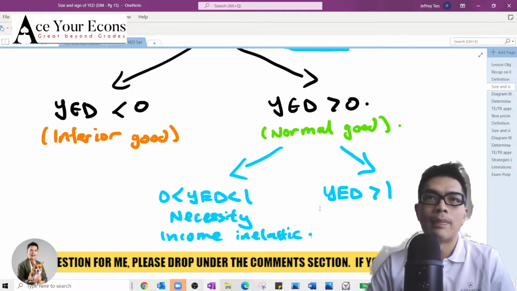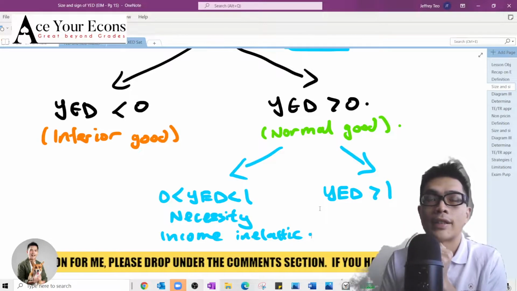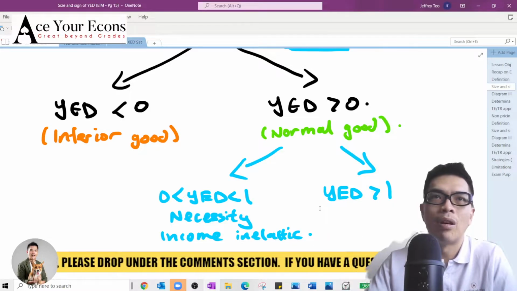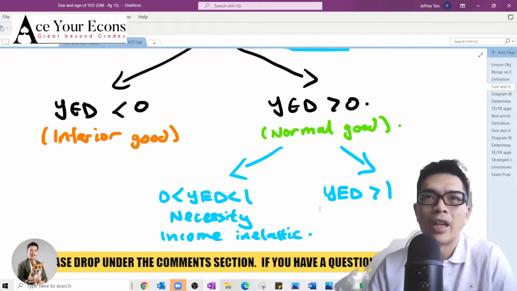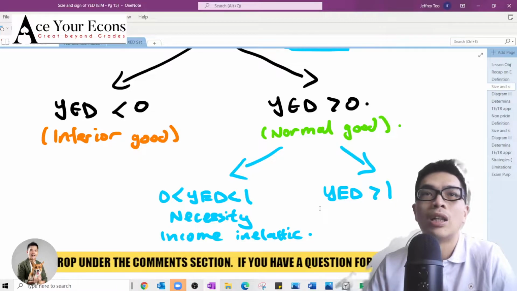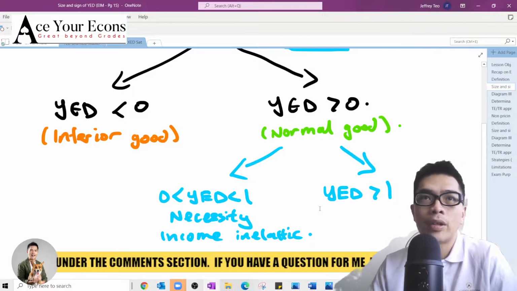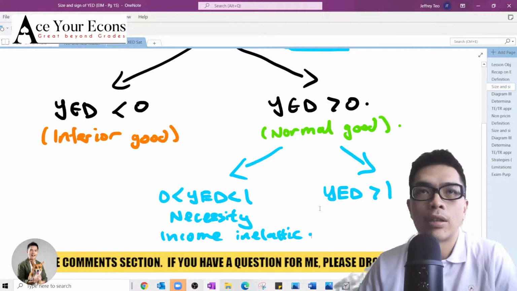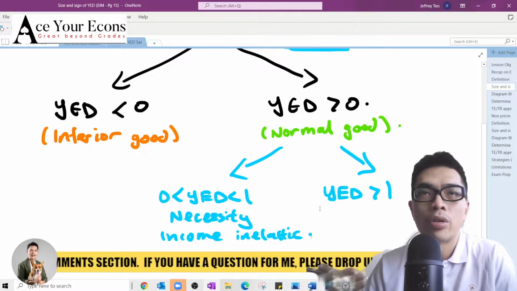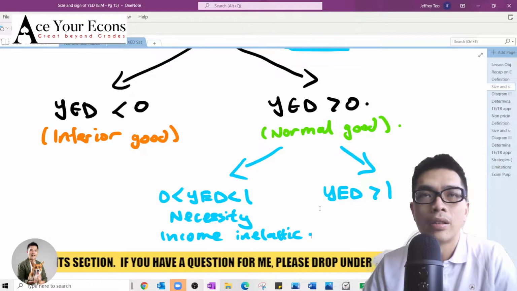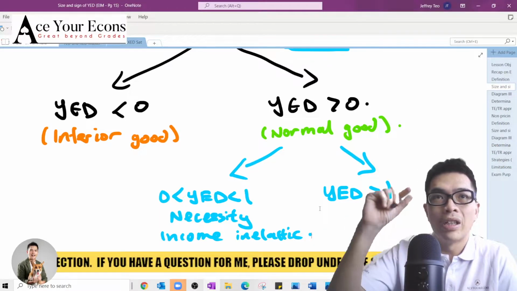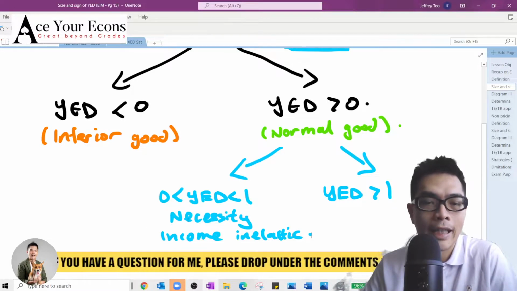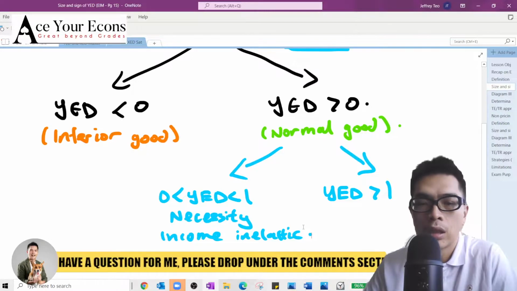I would say public transport is better categorized under necessity good, because when there's a rise in household income, you probably take more bus or more train, but you don't necessarily consume a lot more. Another example is rice. When there's an increase in household income, would you consume significantly more rice? You wouldn't. You will increase by a little, but not a lot. So this is what we call necessity, or income inelastic.